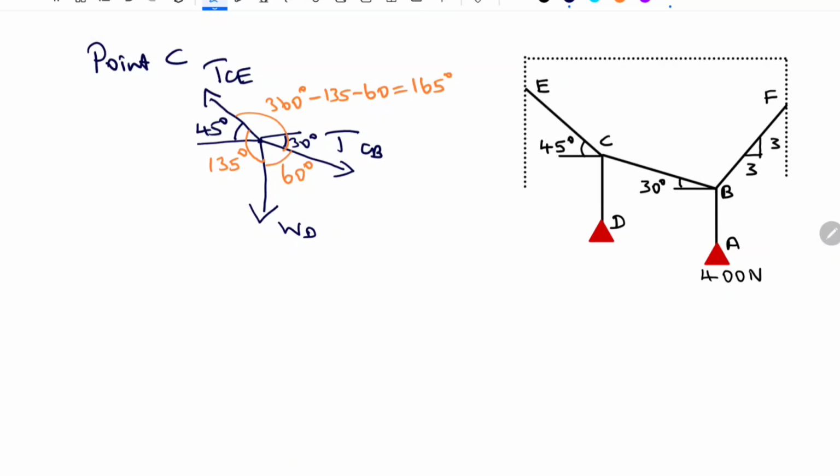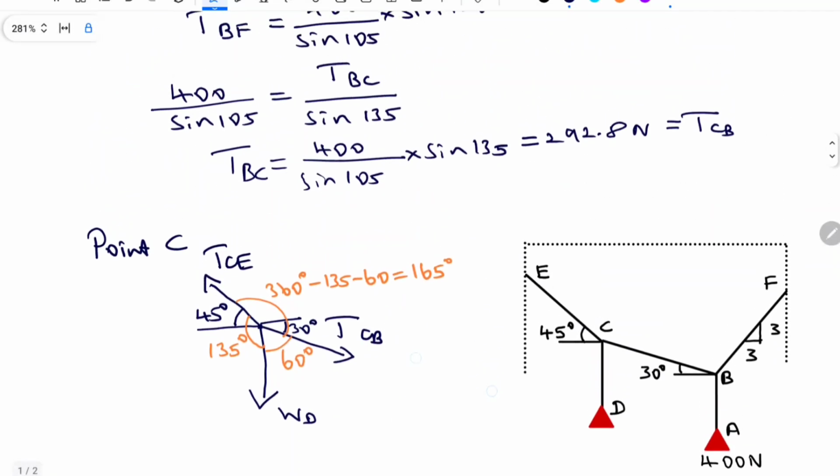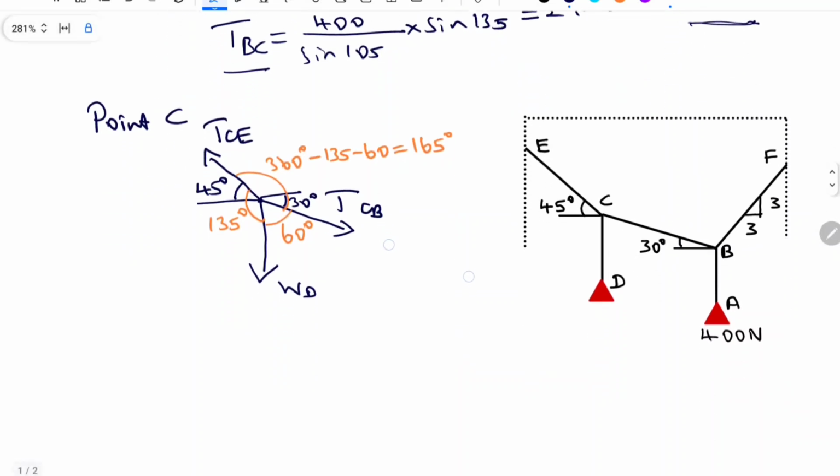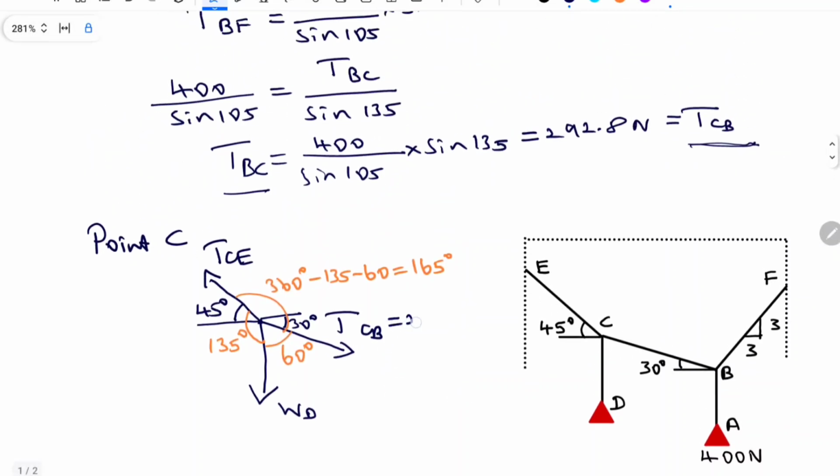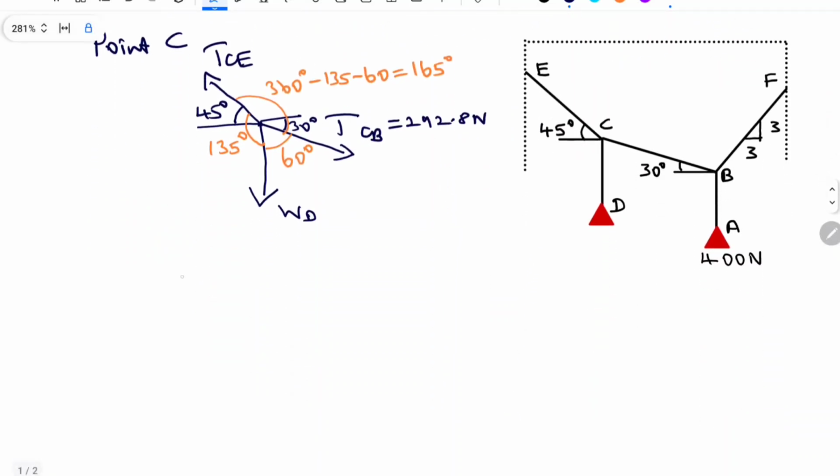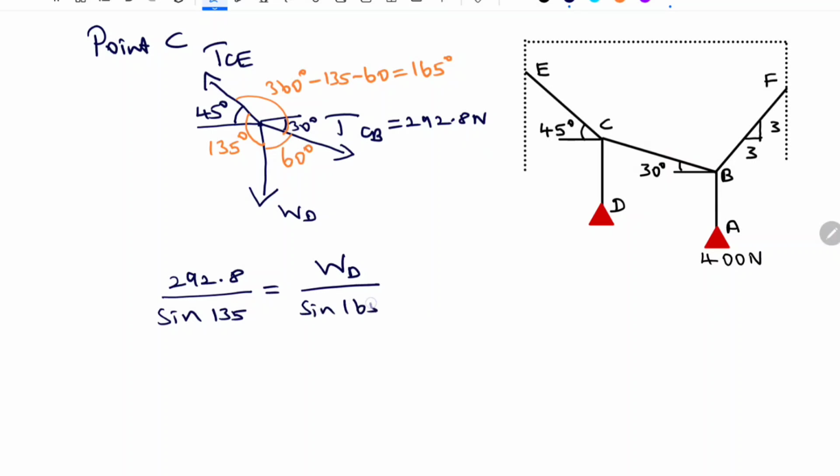I am starting from the known force because from the previous Lami's theorem we have found the value of TCB, since TBC is same as TCB. I know the magnitude of TCB, that is 292.8 Newton. So I am proceeding with the known force, 292.8 divided by the sine of the angle between the other two forces, TC and WD, sine 135, that is equal to WD divided by sine 165.